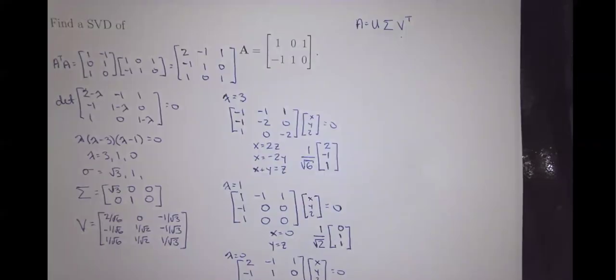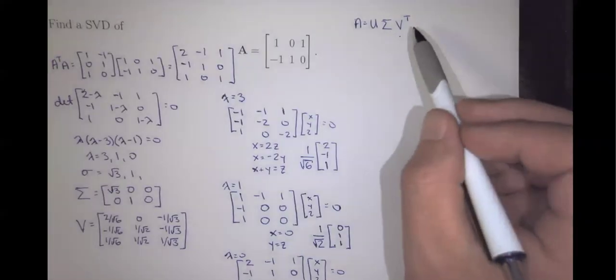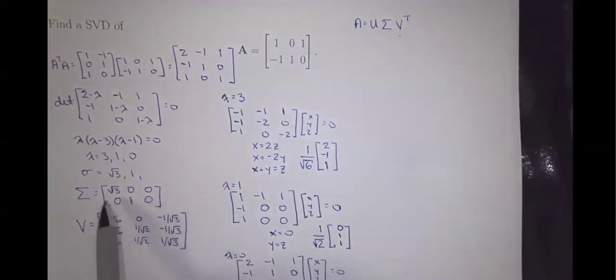Now U is a 2 by 2 matrix because we've got a 3 by 3 matrix that's going to be multiplied on the left by a 2 by 3 matrix.